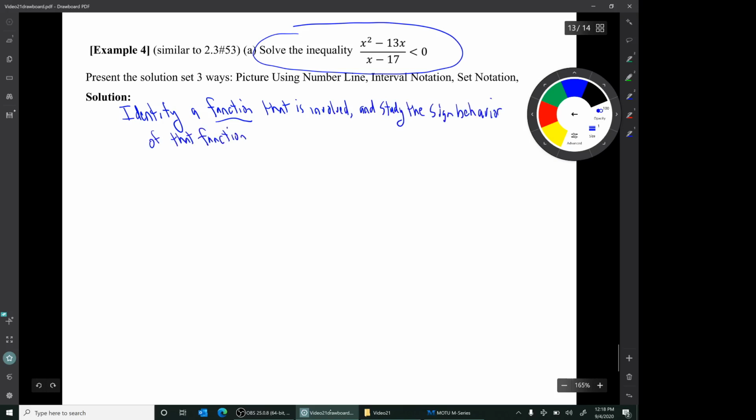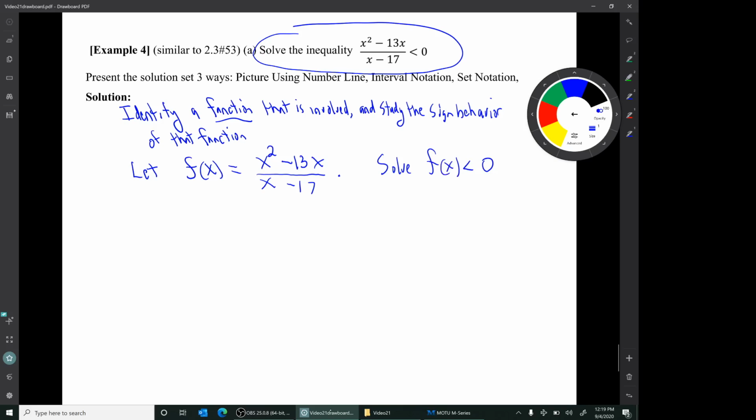So let's let our function be this thing that's over here on the left. We're going to let that be f of x. So there's our function. f of x is that rational function, and we're supposed to solve the inequality f of x less than 0. So let's make a sign chart for f of x.